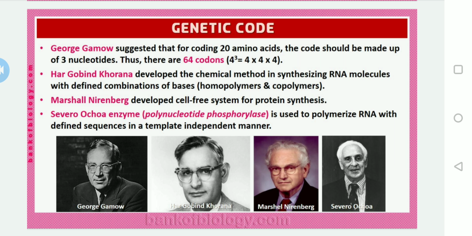Khorana developed the chemical method of synthesizing RNA molecules with a defined combination of bases, in the form of homopolymers and copolymers. For this discovery, he finally got the Nobel Prize, which he shared with others.